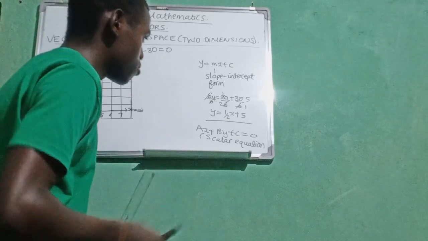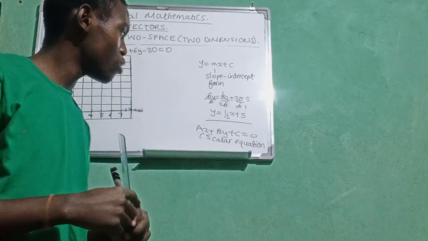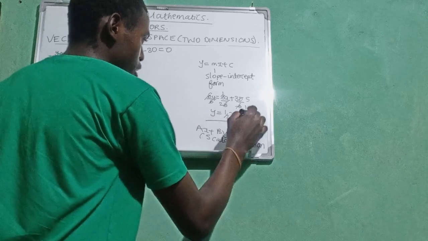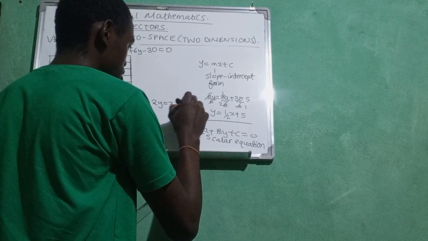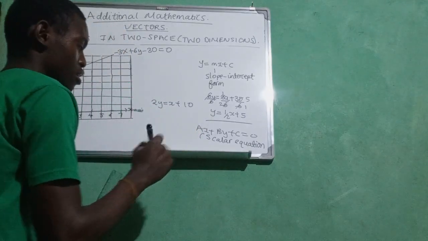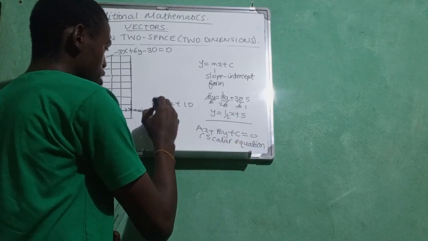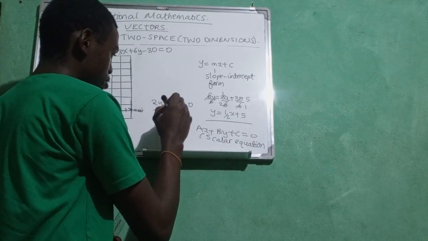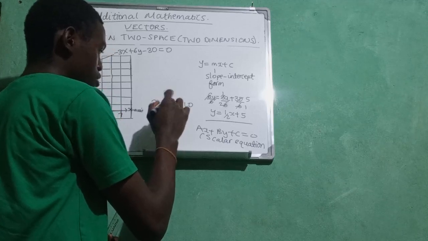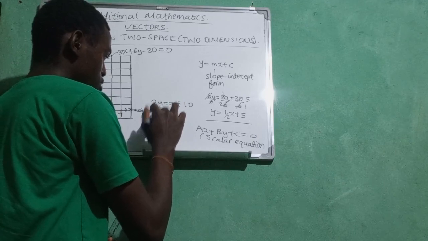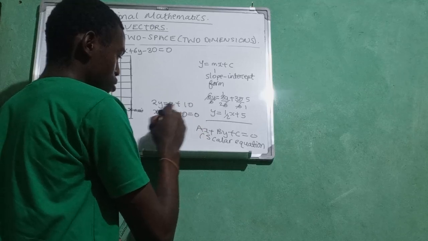If we were to expand this, it would take a different format. For example, 2y is equal to x plus 10. Then in the scalar equation form, this 2y is going that side. So let's say x minus 2y plus 10 is equal to 0.